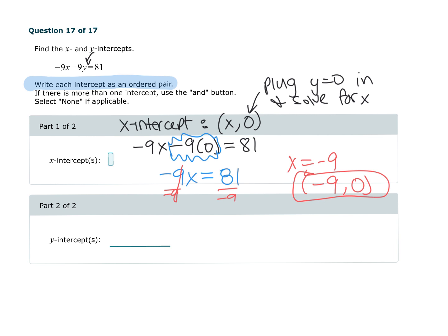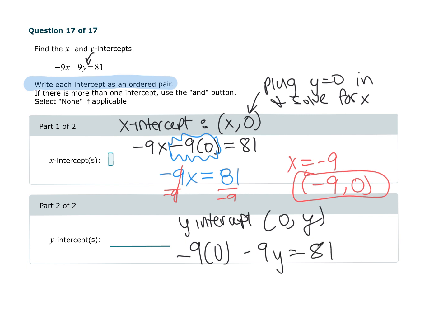Now I want to give you a moment to try to find the y-intercept by plugging 0 in for x. My y-intercept, which is 0 comma y, I'm going to plug 0 in for x and solve for y. Once again, anything times 0 is 0, so it kind of goes away.